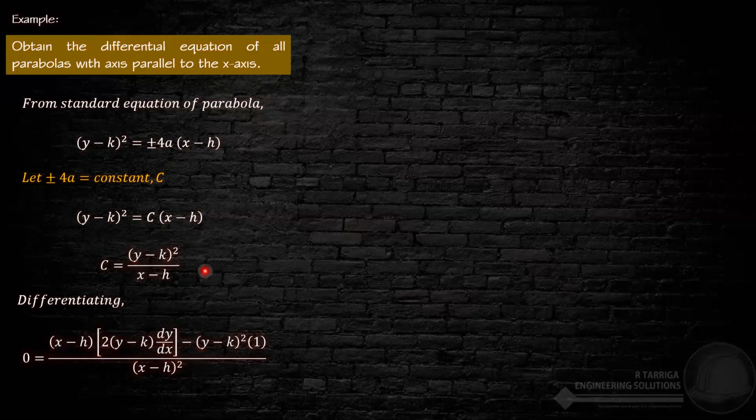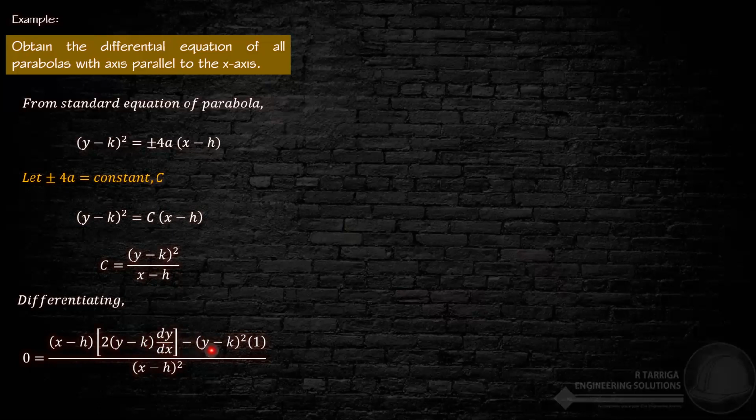U over v pa rin siya. Okay? So ang v is x minus h and ito yung u. So v ang du, ito yung du. So chain rule, 2 times y minus k and the derivative of nasa loob, constant man ng k, so 0 lang na siya, and derivative of y is dy over dx.